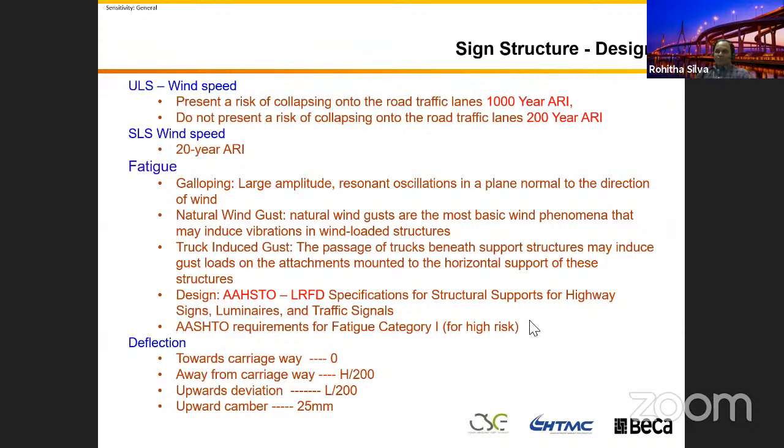And most of the sign structures that fail, from the lot of research they conducted, they noticed that the sign structures fail because of the galloping. The galloping is a large amplitude, resonant oscillation in the plane normal to the wind. The wind is going perpendicular to the traffic plane, like your screen vibrating in the vertical direction.